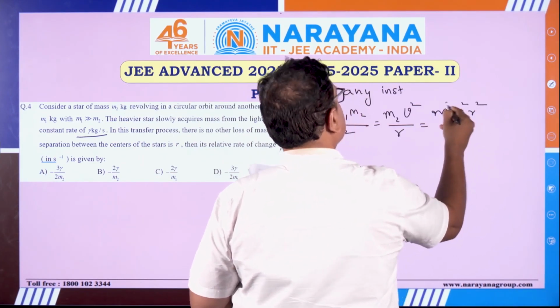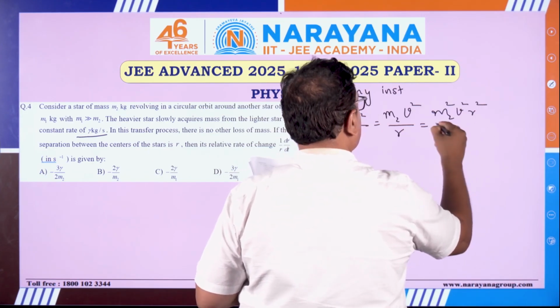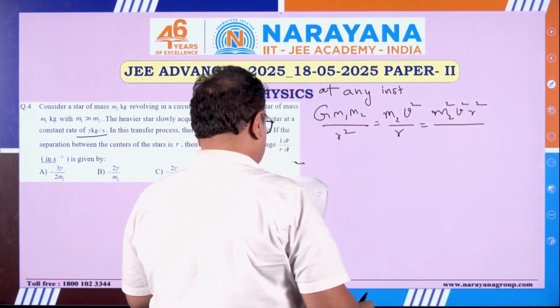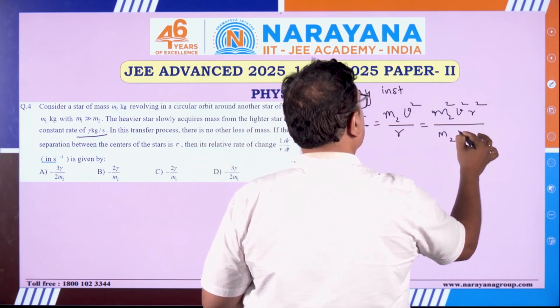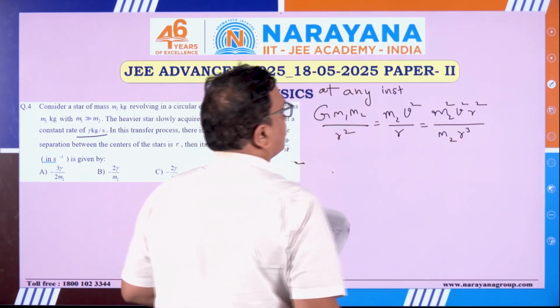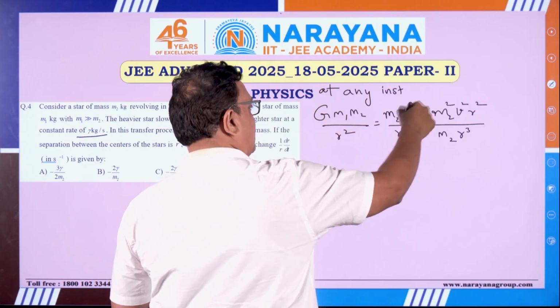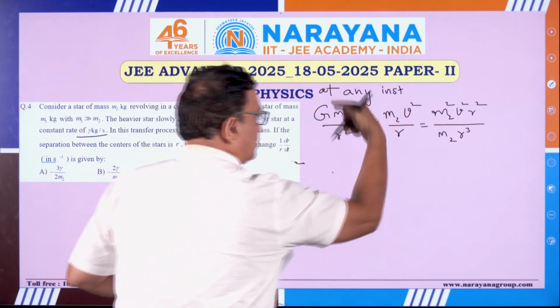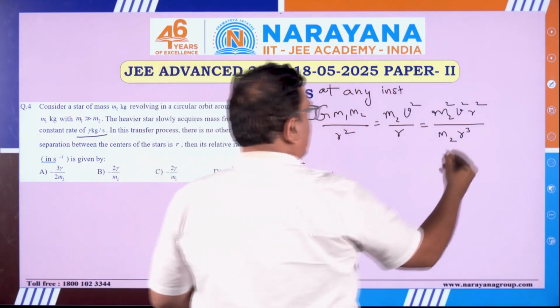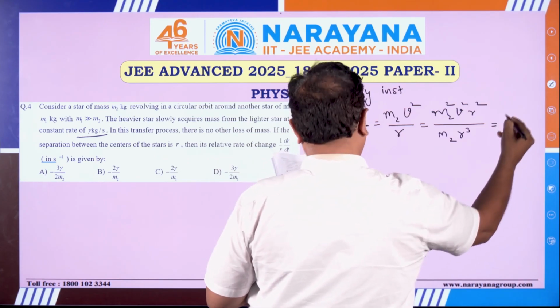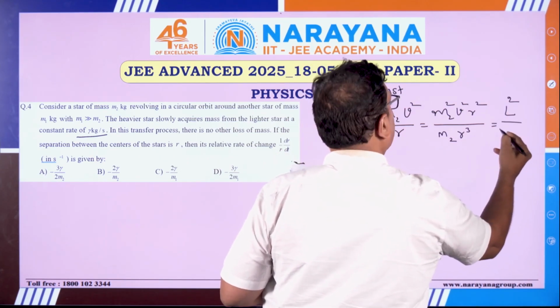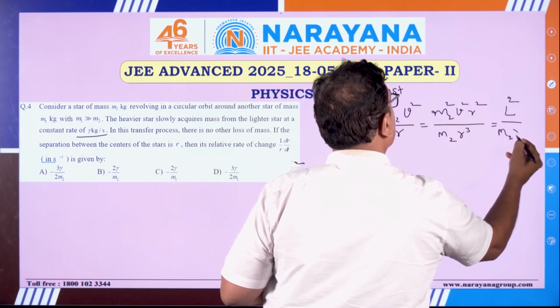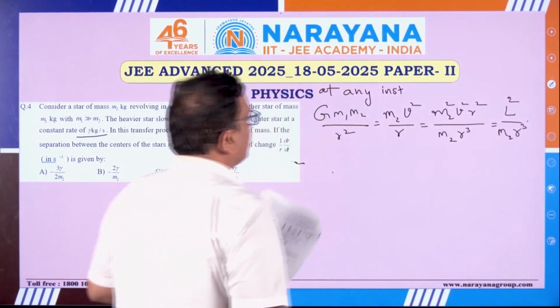To justify this as an angular momentum term, I require M2 R cube. So I have converted the second term to the third term, and now you can comfortably write this as L square by M2 R cube.